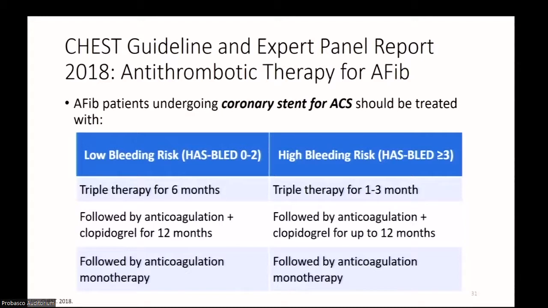And then the high bleeding risk, you can shorten that 6-month triple therapy period back to 1 to 3 months, but still do anticoagulation and that single antiplatelet therapy agent for up to 12 months, followed by anticoag alone. So the resounding message is that once we are out of these pre-specified windows, at some point, patients should be able to go back to anticoagulation monotherapy alone, even if they've had a history of an ACS event.